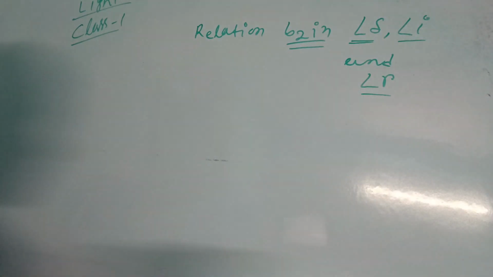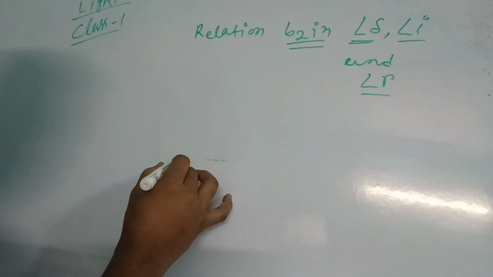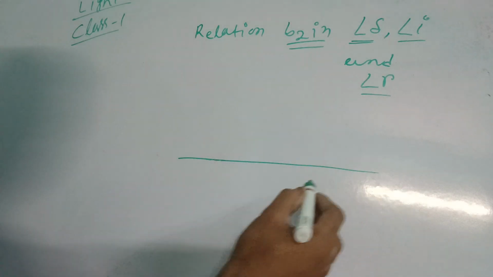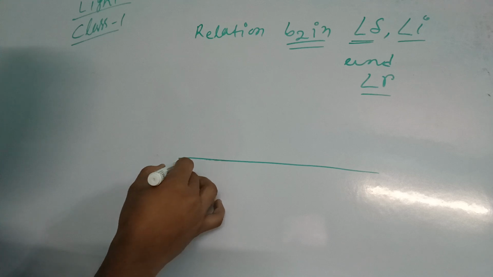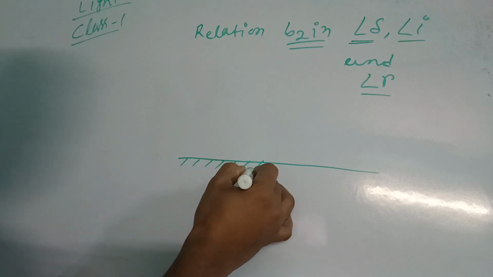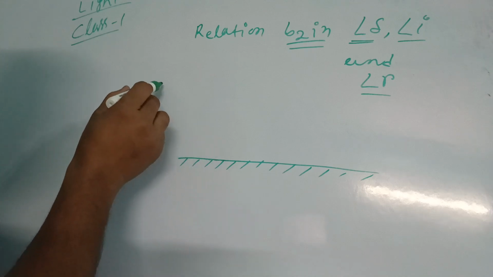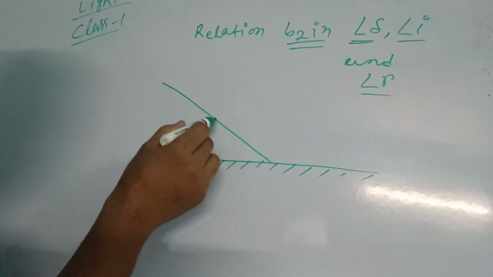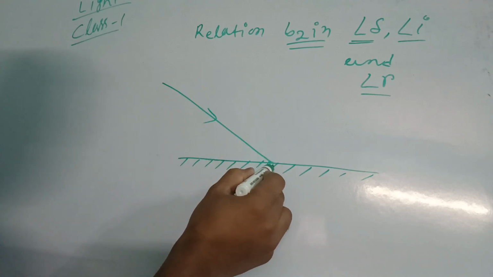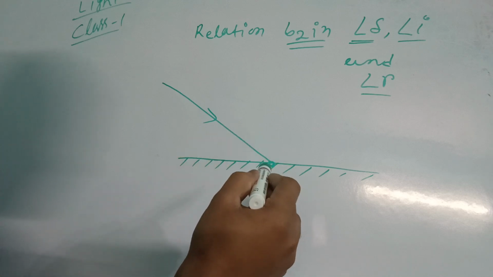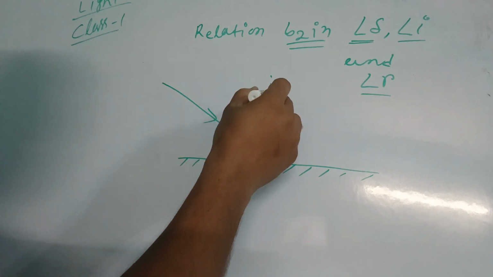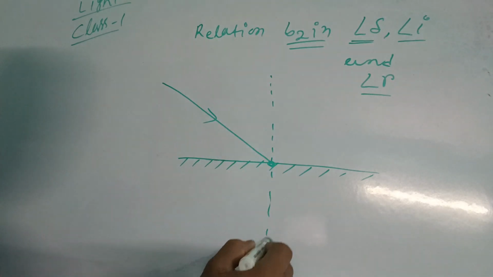Once again, what is I, R, delta? One quick revision. Now we are considering a reflector which is plain, polished, a regular reflector, and this is the incident ray. This point is known as the point of incidence, and that is the normal.